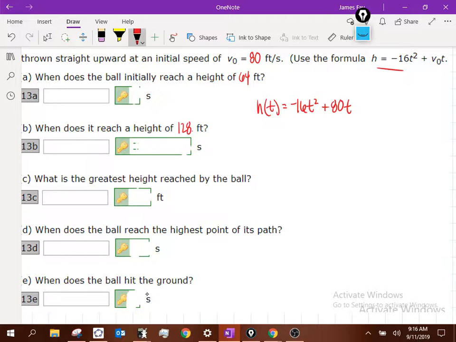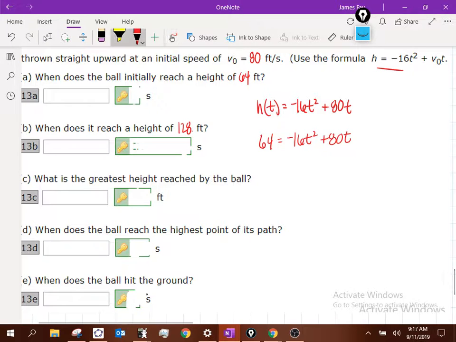First thing says, when does the ball initially reach a height of 64? So we'd be looking for t, right? A time. This is a height at a specific time. They want the height of 64 at some specific time. So that's what we're looking at.